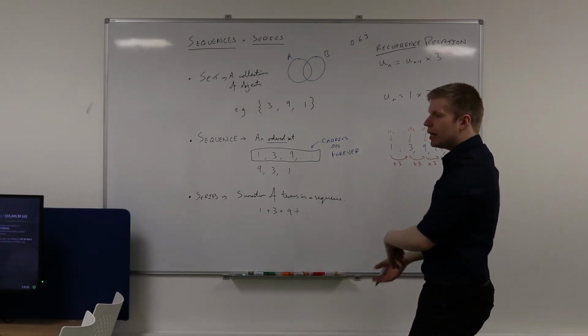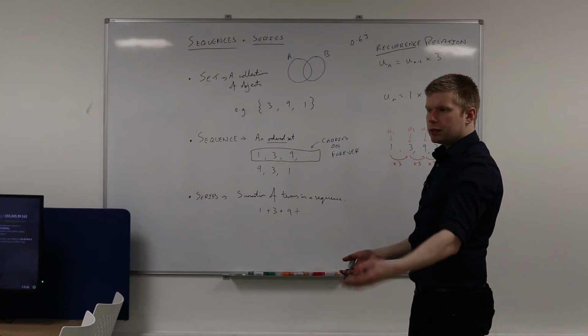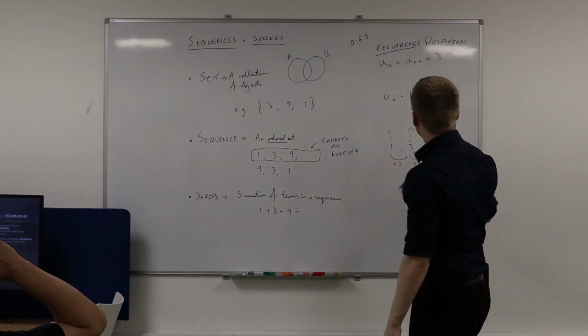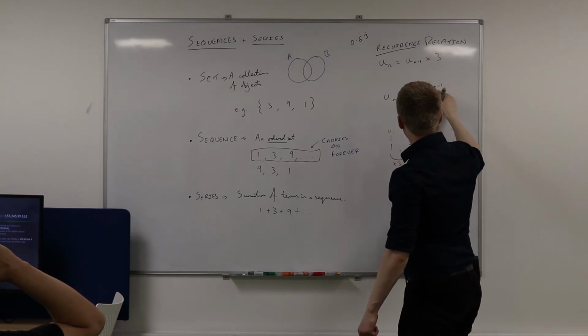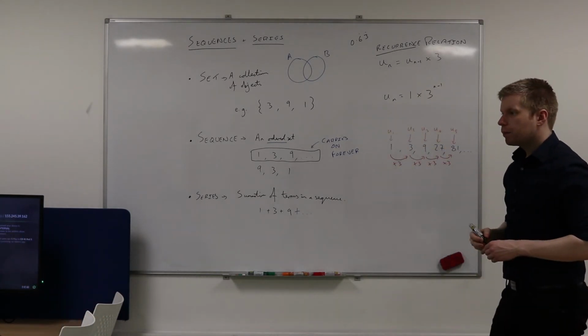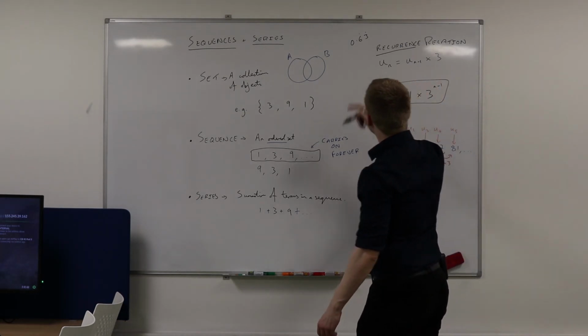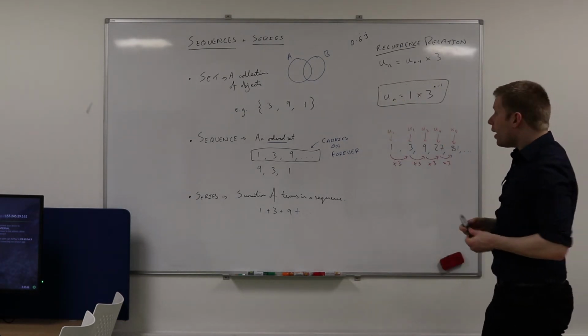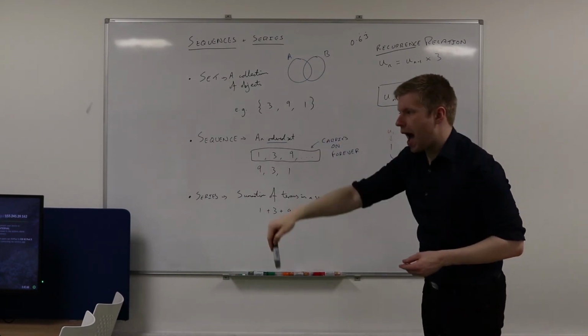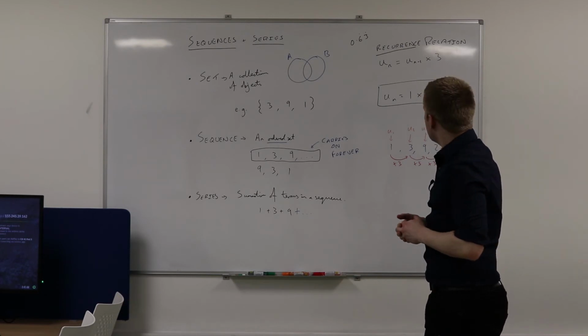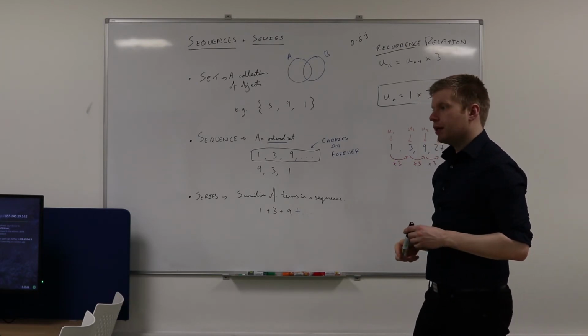If I'm going for u11, 10 times. If I'm going for u100, 99 times. So it will always be 1 less than whatever term I'm up to. So this is another way of defining this exact same sequence up here. But the nice thing about this is it doesn't refer back to itself. It's not a recurrence relation. So that is an equally valid way of writing my sequence as well.